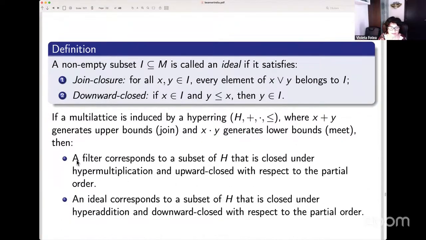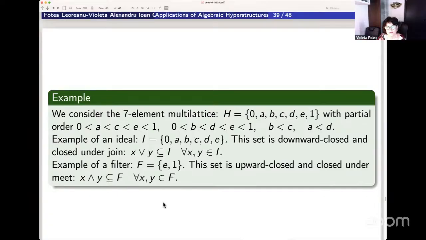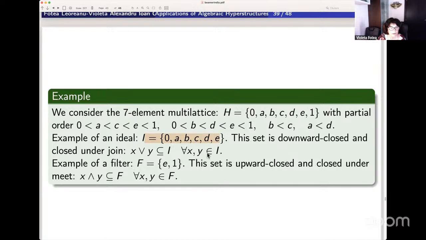A filter corresponds to a subset of H which is closed under hypermultiplication and upward closed with respect to the partial order, and dually for ideals. And I give an example for one of the multilattices considered above, Z1 of 7 elements, an example of a filter and an ideal.